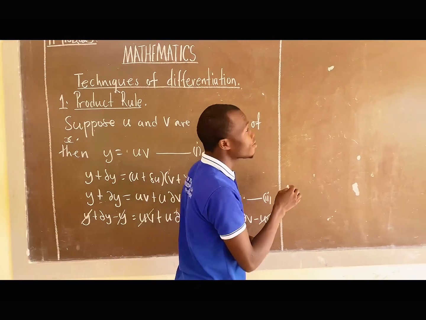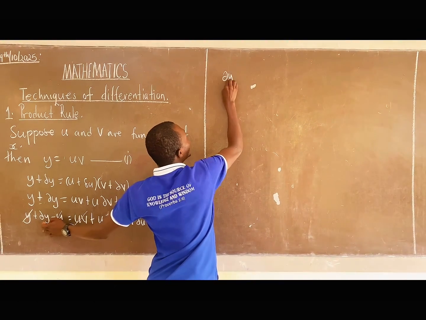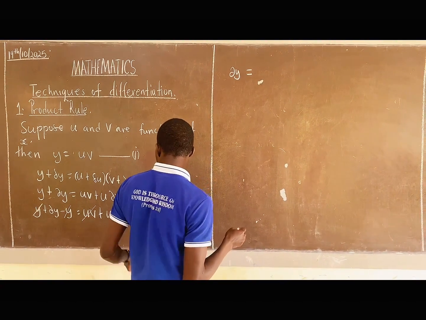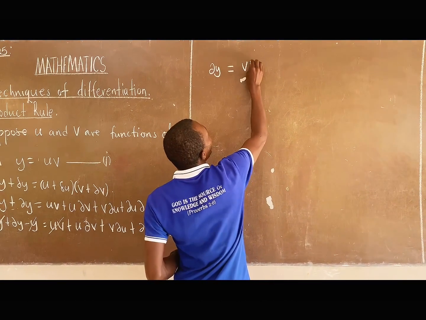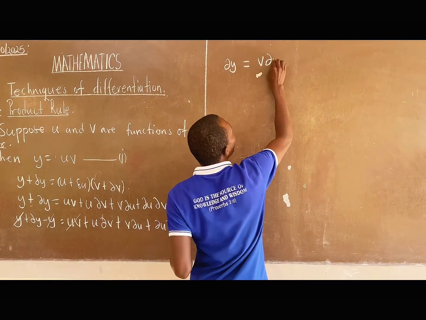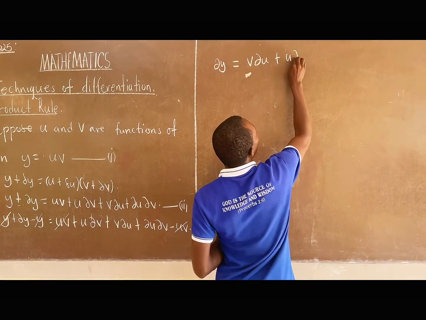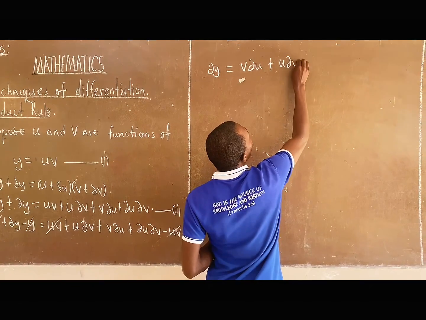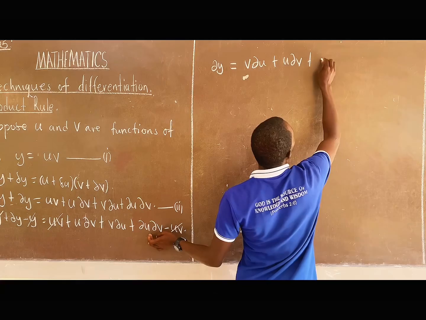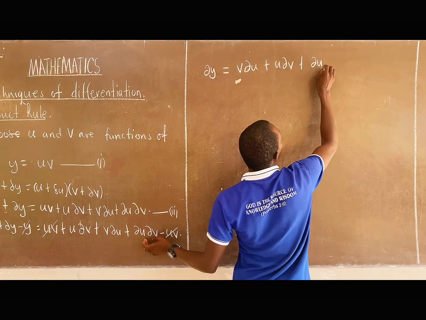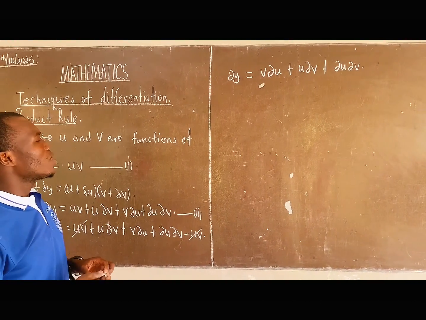And we shall remain with delta y given by what is remaining this side. I can write this, I have v delta u plus u delta v, then plus what is remaining here, which is delta u delta v. Very good. So what can we do?